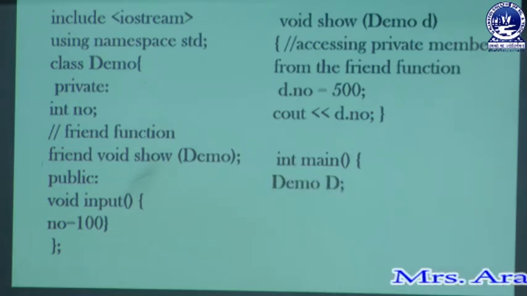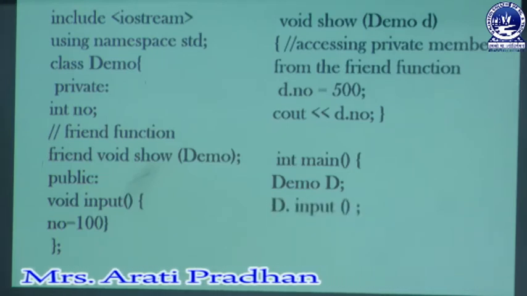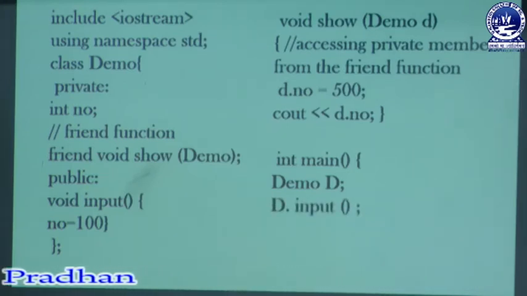Inside main I have used demo d, d is the object. Then d.input, when we call d.input, the value of no inside d is 100. But when we call the show function and pass d as an argument, in the show function we use the statement d.no equal to 500, and when we display cout d.no, the value will be 500.